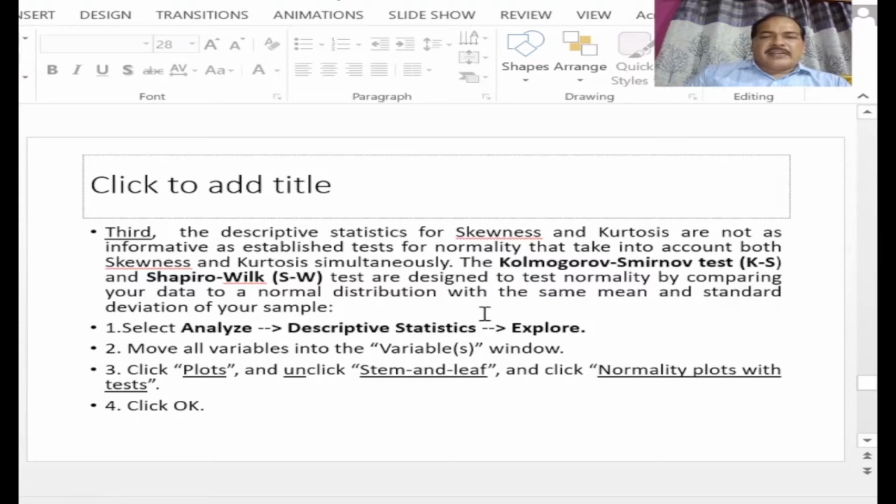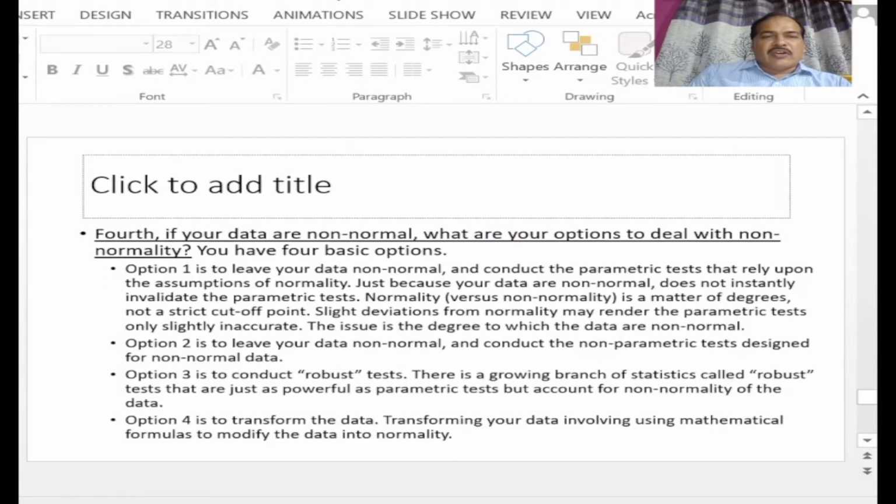Here the test is the Kolmogorov-Smirnov test, which tells us about the normal distribution of the data. If the value of the test is non-significant, it tells us that the distribution is normal. And if the value of the test is significant, in that case the distribution is non-normal.